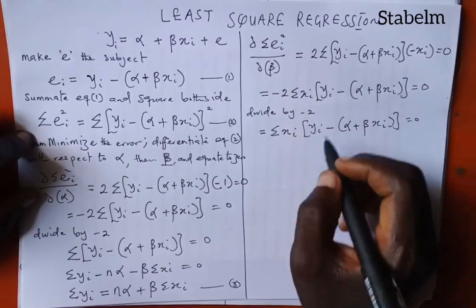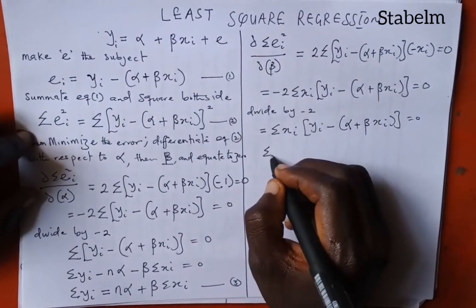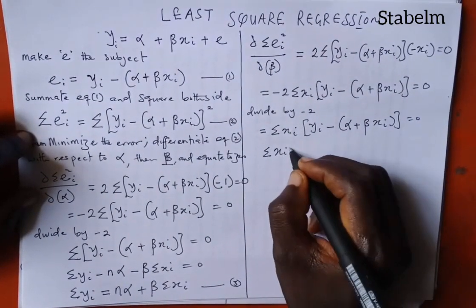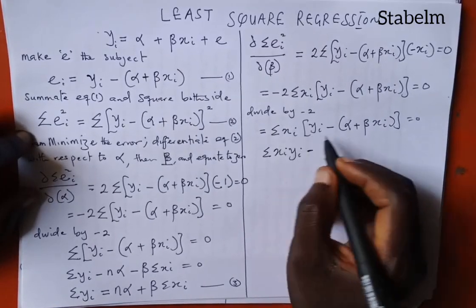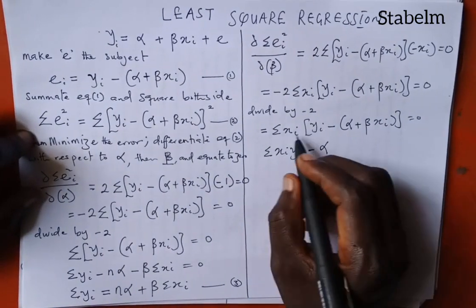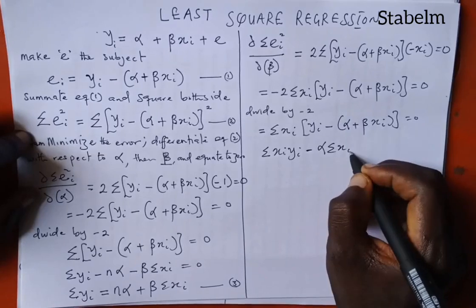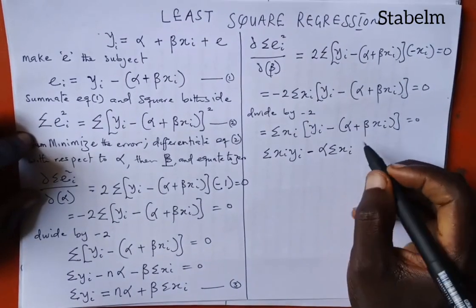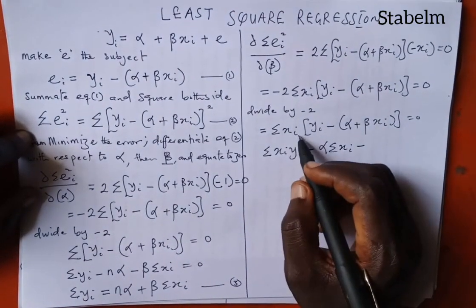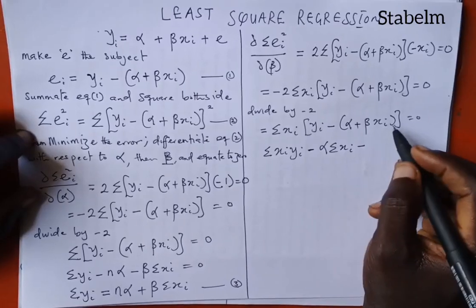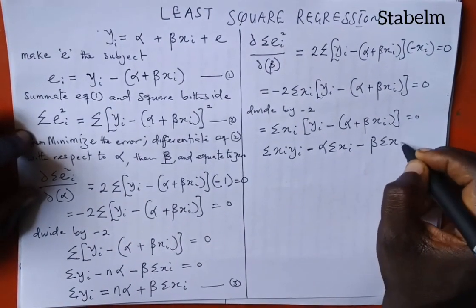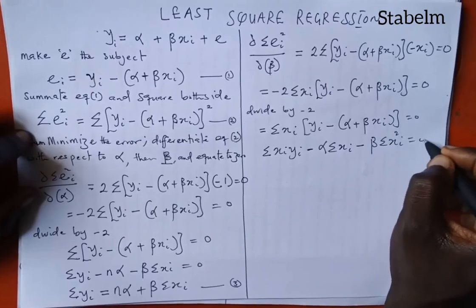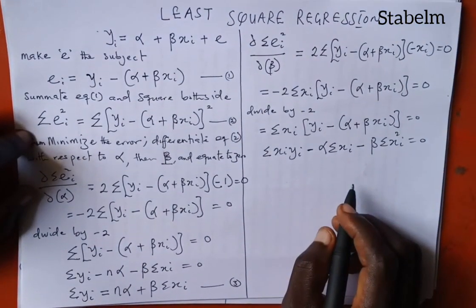If we open this bracket, we have a summation x i y i minus alpha summation x i, then minus summation x i multiplied by beta summation x i, so we have beta summation x i squared equals to 0.